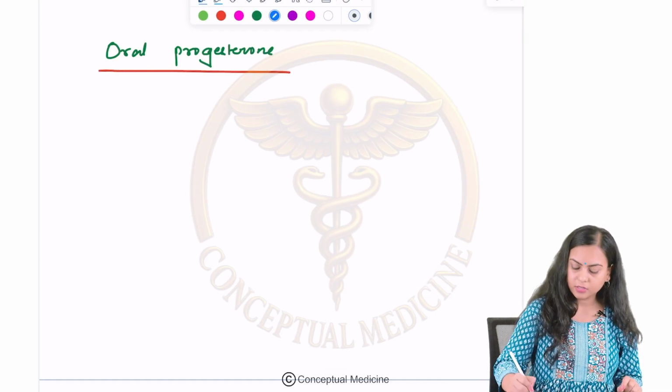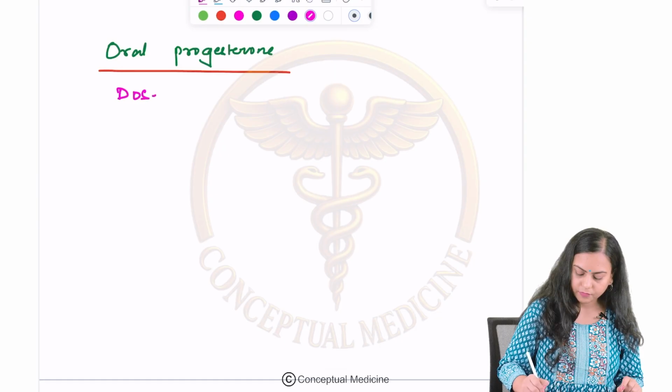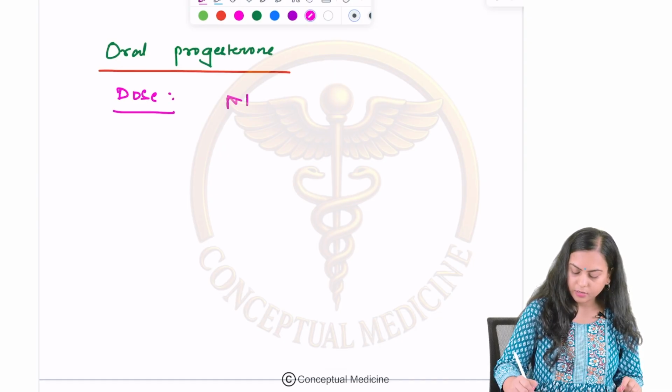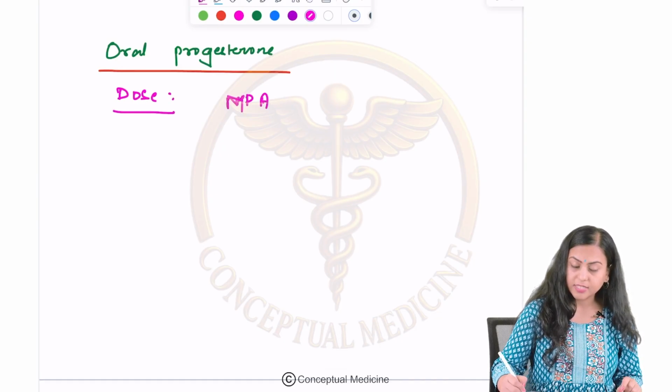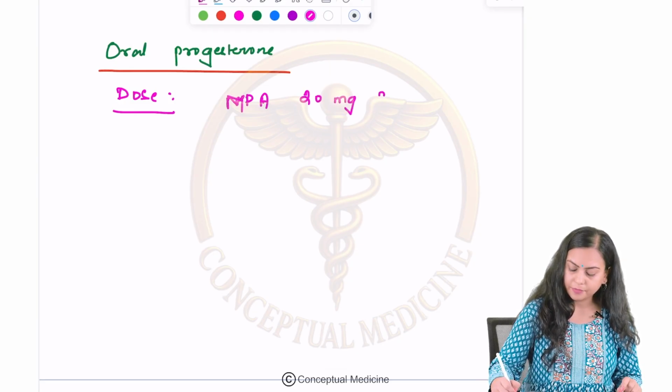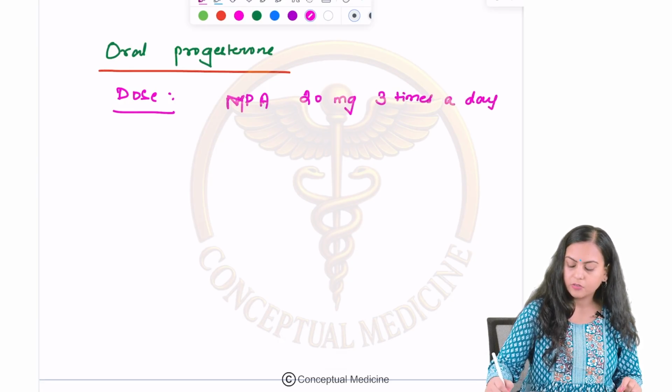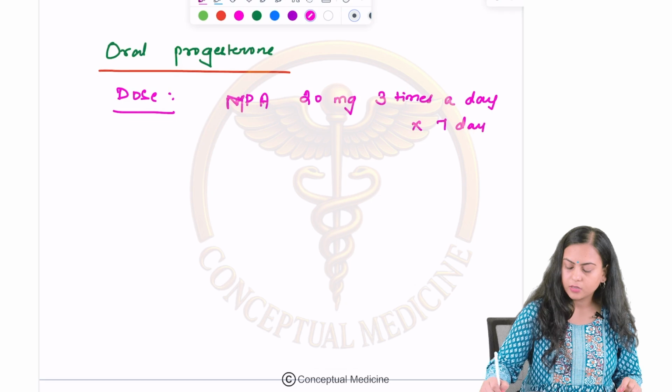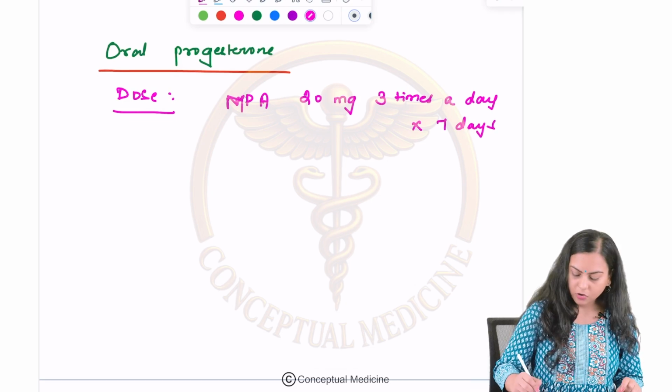Here the dose is medroxyprogesterone acetate that can be given at a dose of 20 milligram 3 times a day for 7 days. Okay.